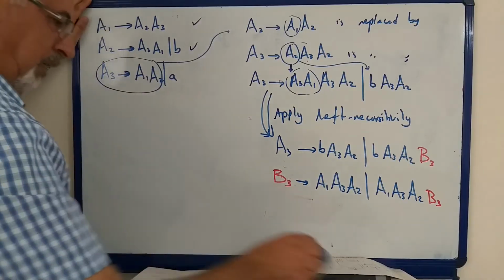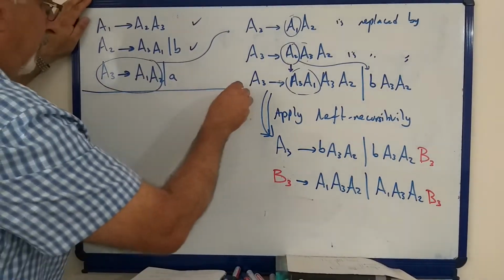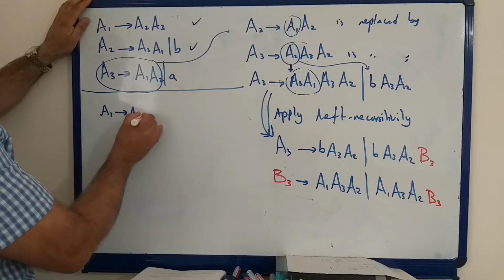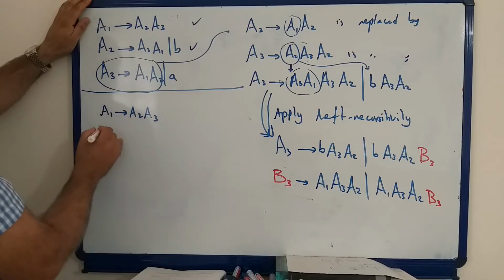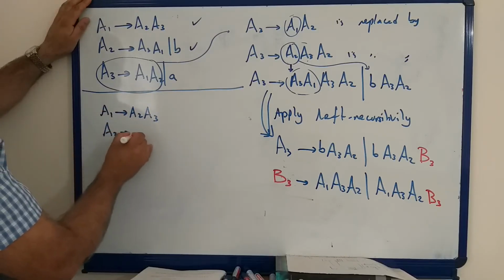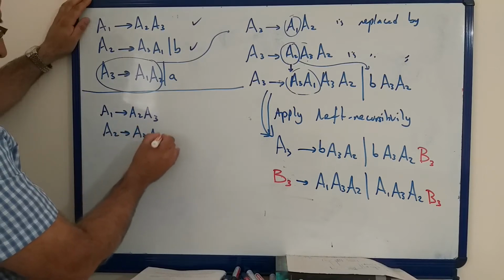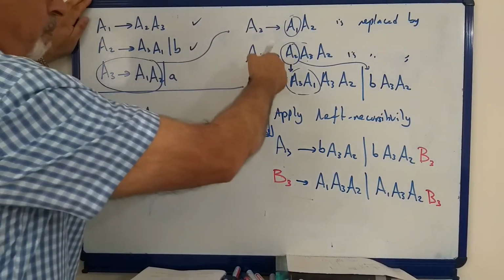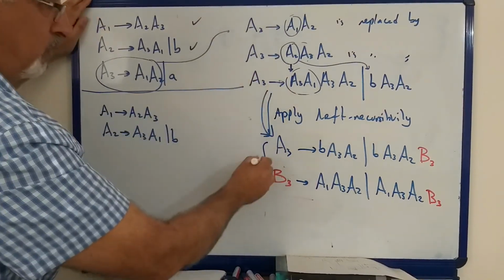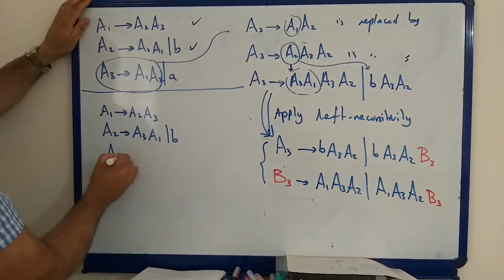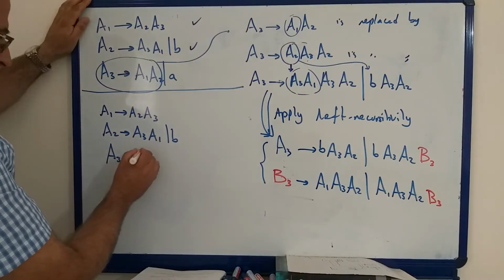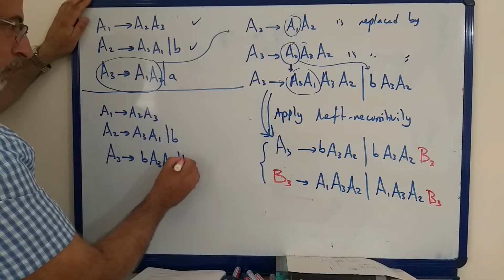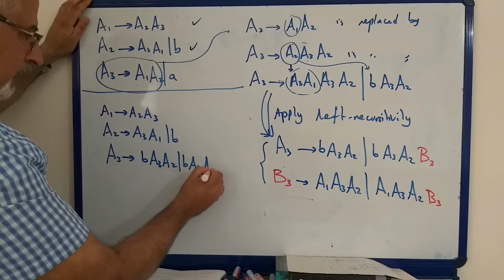Now let's rewrite the grammar. A1 gives A2, A3. A2 gives A3, A1, or B. Now instead of A3 left recursive, I have these two: A3 gives B, A3, A2, or B, A3, A2, B3.